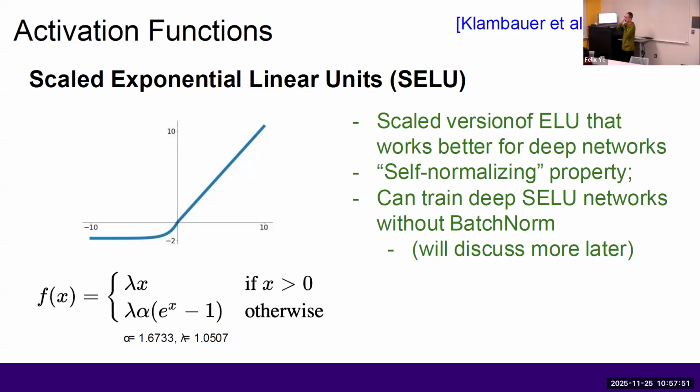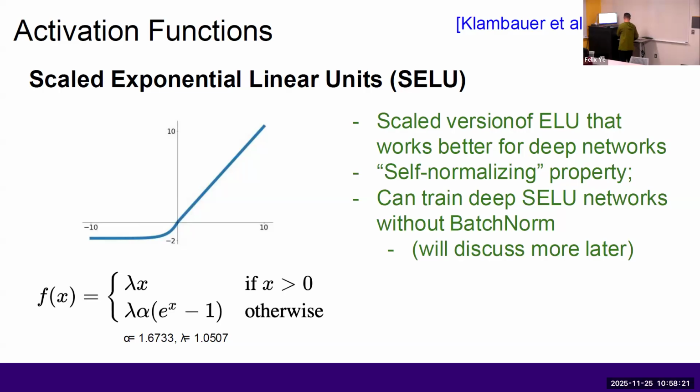It is a scaled version of ELU that turns out to work better for deep neural networks. It has other beautiful properties. I'm going to talk about this a little bit later with batch norm, but it can train this kind of network very well.